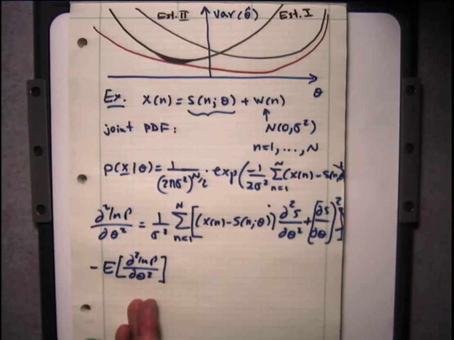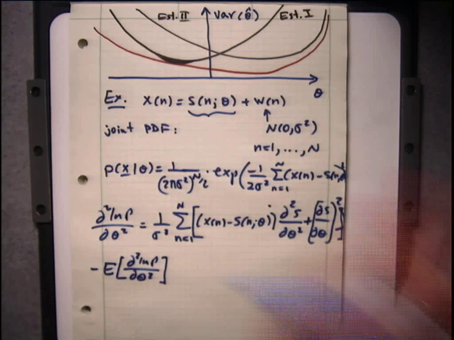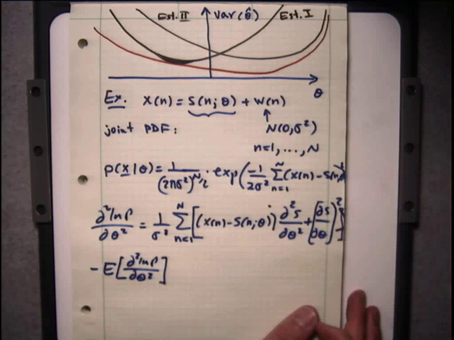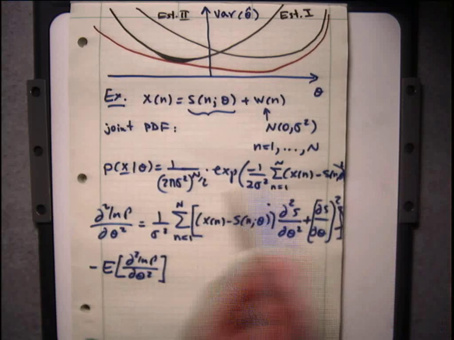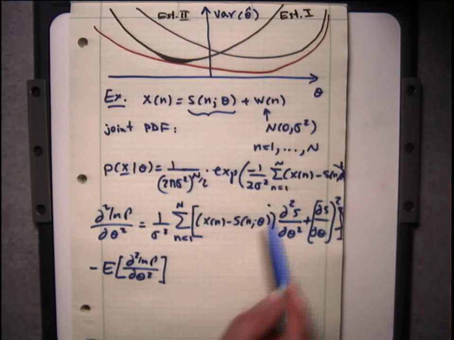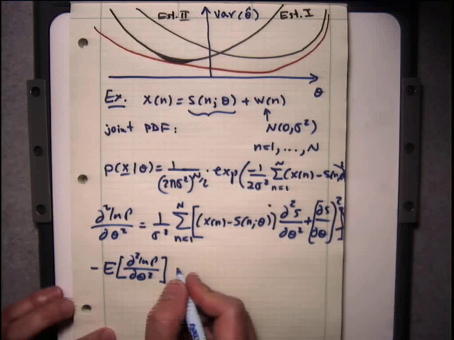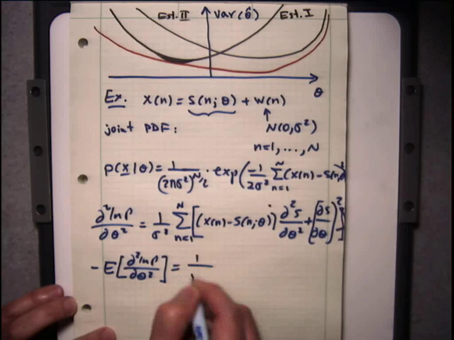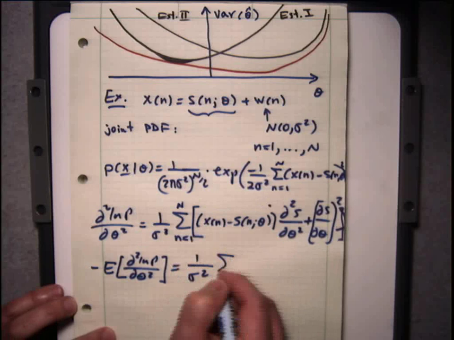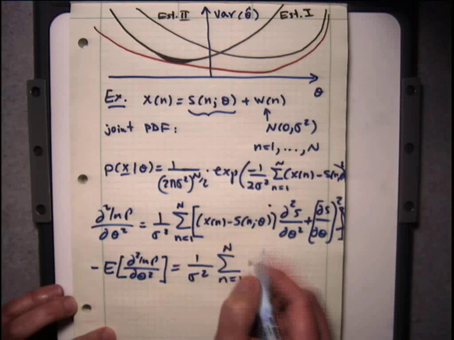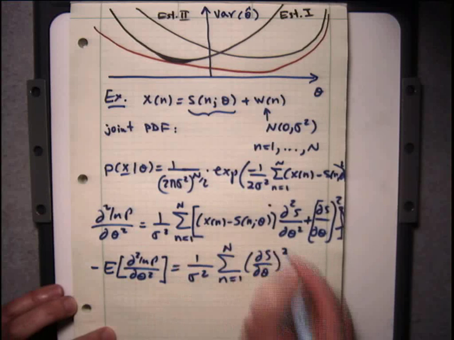When you do that, you'll see that this term drops out, because the expected value of x cancels s, so this term goes away. What you're left with is 1 over sigma squared, sum from n equals 1 to N, of ds d theta squared.